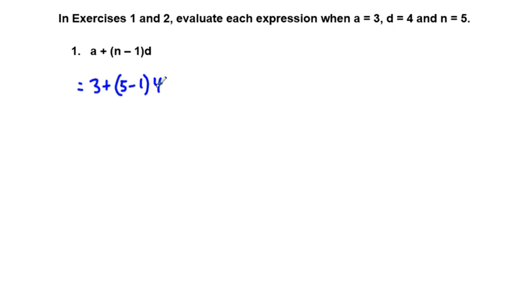Now it's about using the order of operations properly. First, inside parentheses, we bring down the 3, and we have 5 minus 1 is 4, times 4. Using order of operations, we have 3 plus 4 times 4, which is 16, and so our answer is 19.